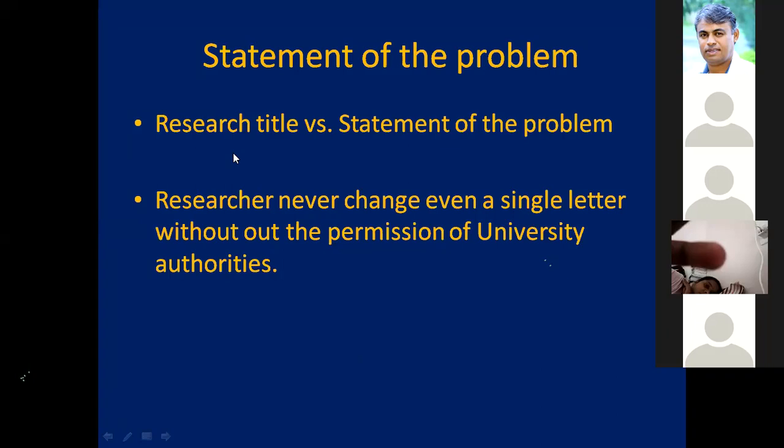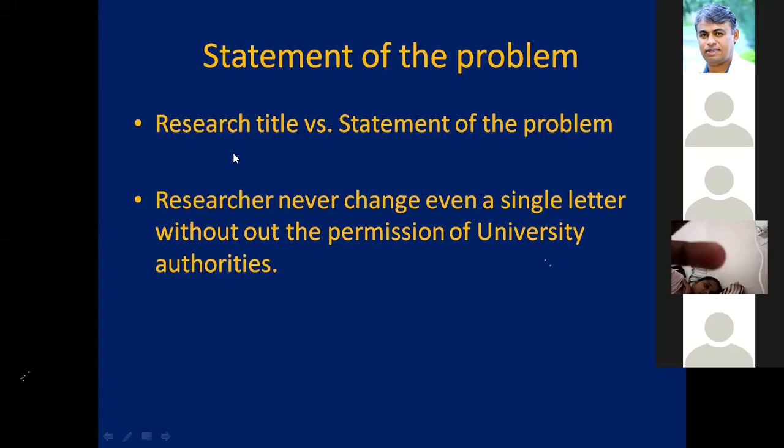Sometimes, in the month of January, you may get a confirmation letter. So there might be typographical mistakes in your title. So there is a proper process to make the correction. Otherwise, before receiving the approval letter, you make the necessary changes.